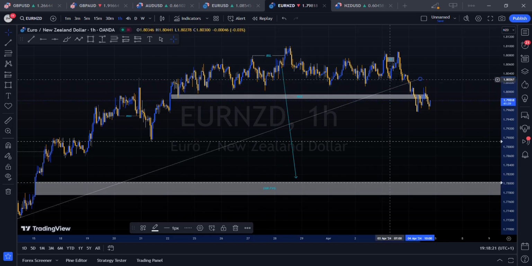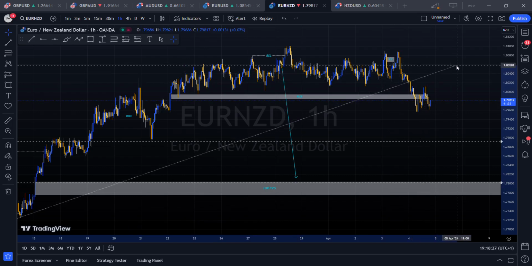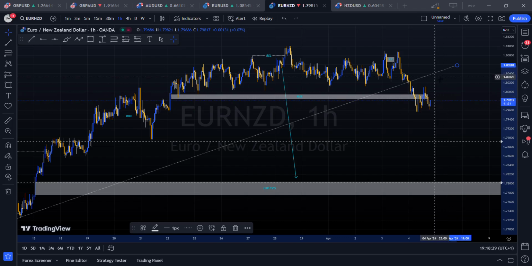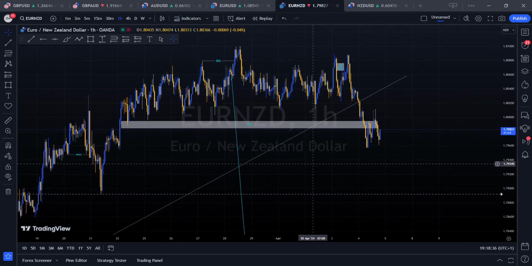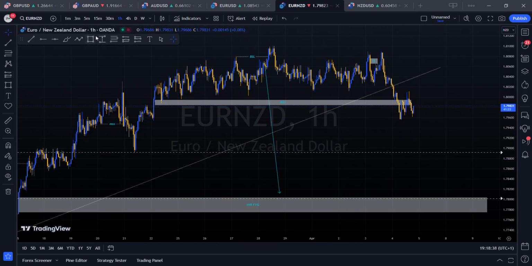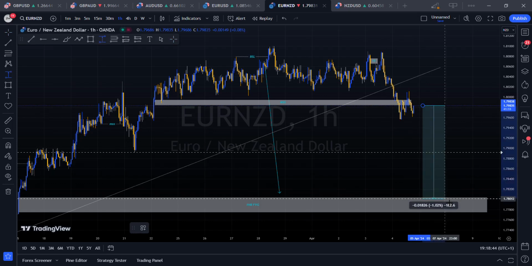I might see a little bit of a retest back to this zone, before dropping off down again. This drop is going to be a little drop. The drop I'm anticipating on this market is like 180 pips.